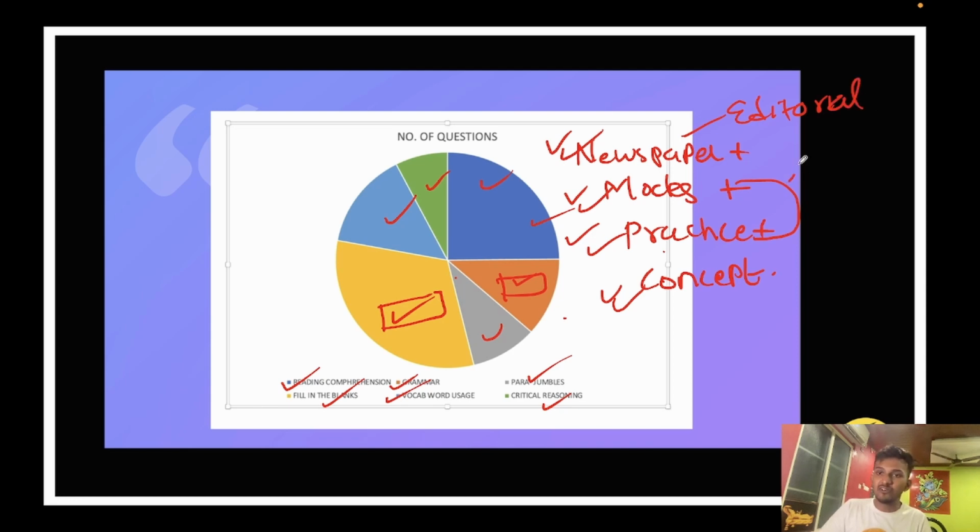Okay, then your verbal will be unstoppable, because your aim is not just to pass the cutoff, right? Your aim is to get a safe score in verbal, which is a minimum of 10 to 20 marks above the cutoff. You need 4 to 5 questions above the cutoff in verbal.